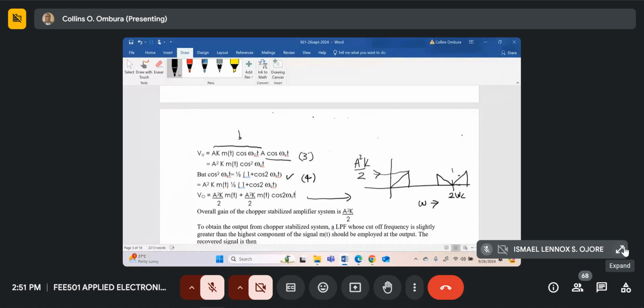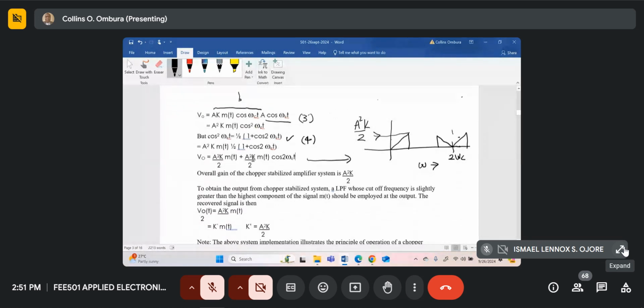Then the recovered signal is given by, now because of this typing, everything has gone haywire here, is given by A squared K divided by 2 M(t). And this is just an abbreviation.